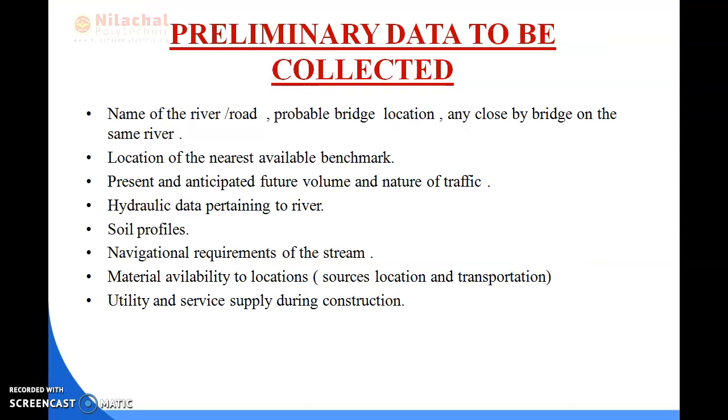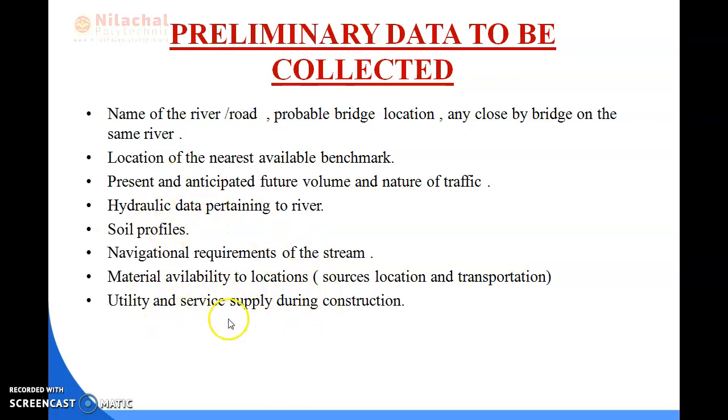What are the data to be collected in the primary survey? The name of the river or road, probable bridge location, any nearby bridge on the same river if available, location of the nearest available benchmark, present and anticipated future volume and nature of traffic, hydrology data pertaining to the river, soil profiles, navigational requirement of the stream, material availability at locations, and utilities and services supplied during construction.